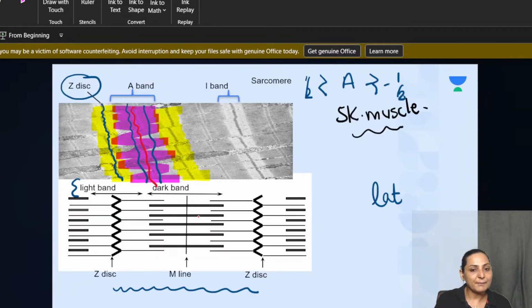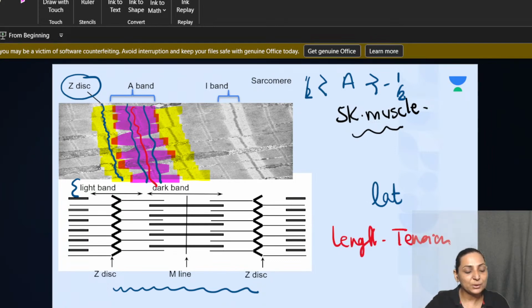And remember that this sarcomere shows a length tension relationship. This peculiar length tension relationship is the molecular mechanism of the length tension relationship, which is also valid for Frank-Starling's law. Only at a particular length of the sarcomere there will be optimum overlapping of actin and myosin.